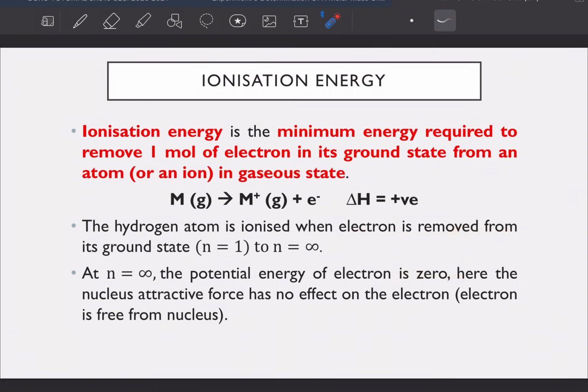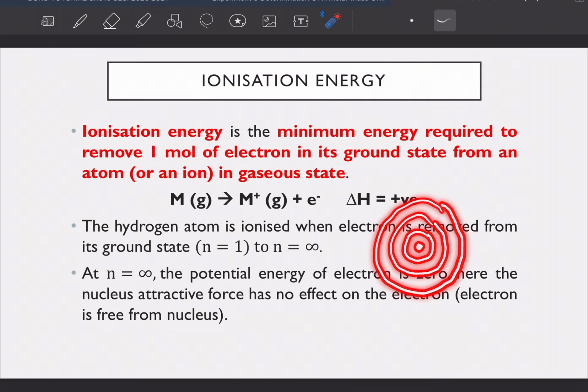They're basically called infinity because, let's see, you have your nucleus, you have your shell, your shell, okay. So n equals to 1, let's say your electron is here, and then you remove it. Remove ke mana? You remove ke infinity, okay. Infinity maksudnya dia dah jauh sangat. So basically that's why when ionizing, you remove electron, the n final will be infinity.